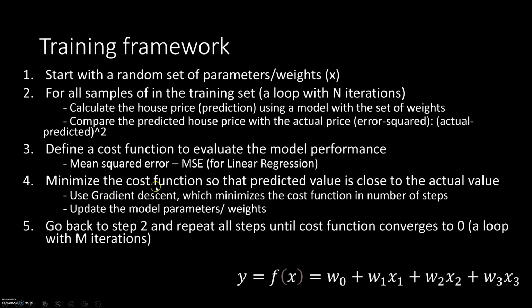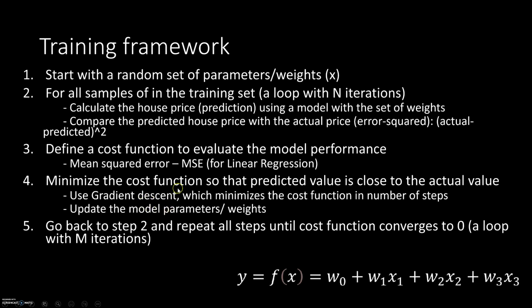To minimize it so that the predicted value is close to the actual value, we have several optimization algorithms. One of the common ones is called gradient descent. We will study that in the next slide, but for now, just keep that in mind.